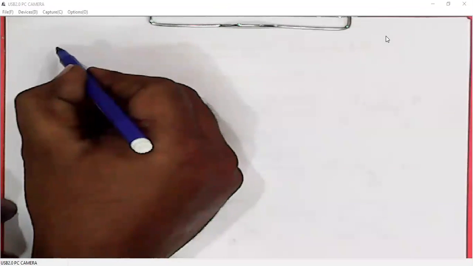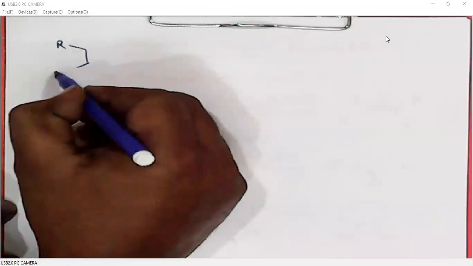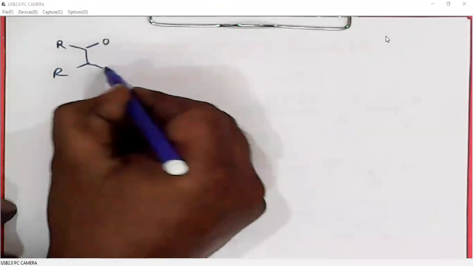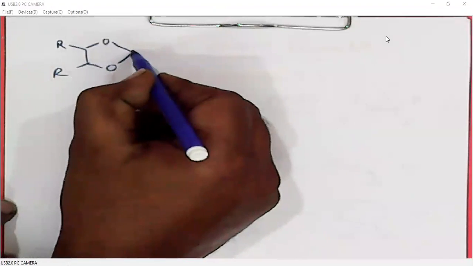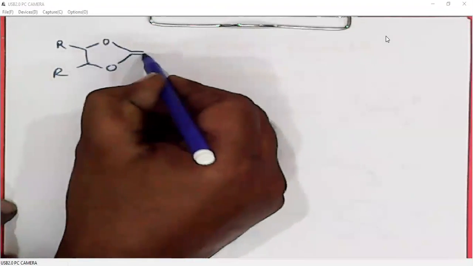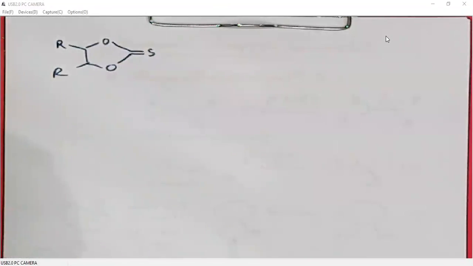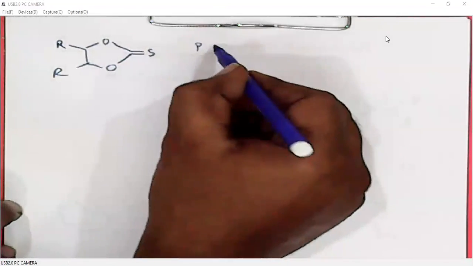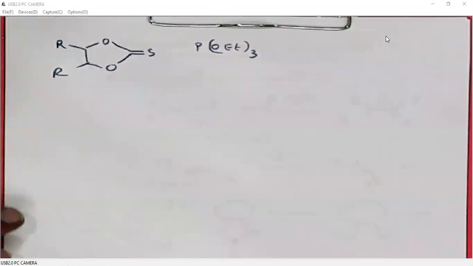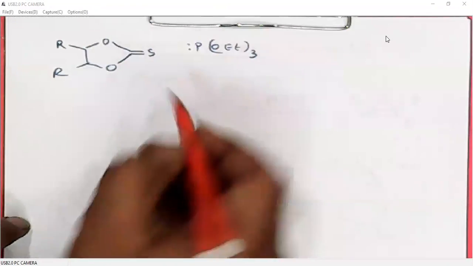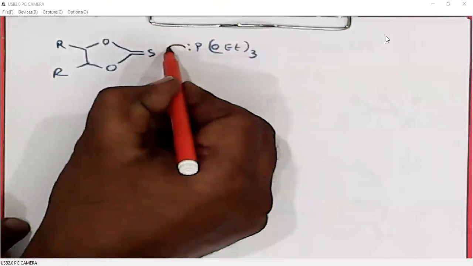Now we will look at the mechanism. The 1,2-diol first will be converted to a thioester. Then we are treating it with triethoxyphosphine. Triethoxyphosphine with its lone pair acts as a nucleophile, so it attacks on sulfur.